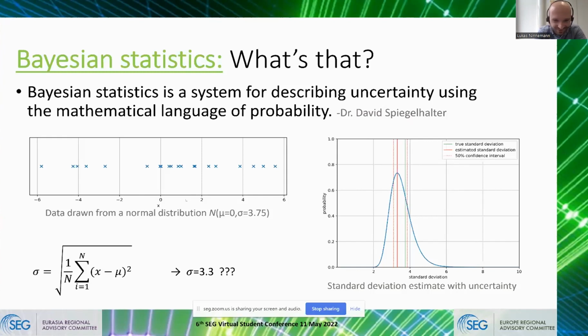So does that say the formula is wrong? Fortunately not, but the formula doesn't know anything about uncertainty, and Bayesian statistics can do that better and give us an estimate of this standard deviation as a probability distribution and tell us something about the uncertainty involved in this estimate.